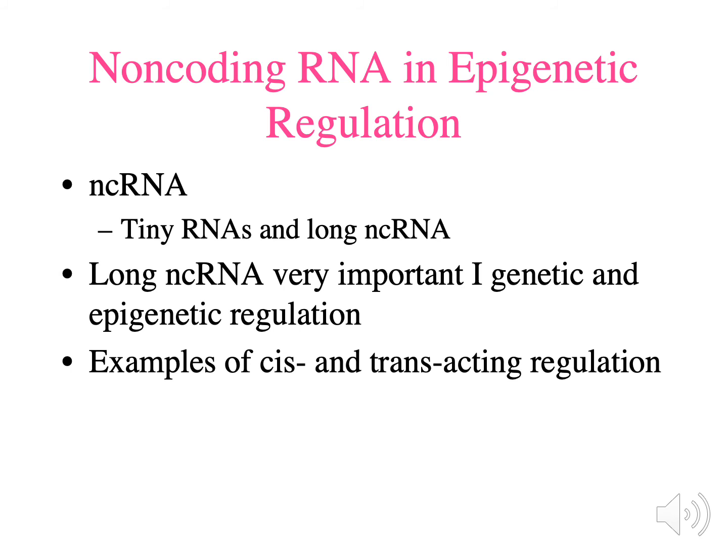Mammalian microRNAs are another factor at play, but they are mostly focused on post-transcriptional gene silencing. By contrast, mammalian long non-coding RNAs are very important in both genetic and epigenetic regulation. Long non-coding RNAs can work in epigenetic regulation by recruiting specific chromatin remodeling protein complexes to define chromosomal loci.